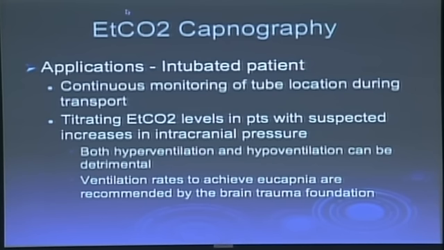You may have a falling PaO2 at that point. So this doesn't guarantee you that you wouldn't have a right main stem placement, but you will have a good ET. If you get a right main stem placement, you probably won't dislodge that tube when you move them from a gurney to a gurney.